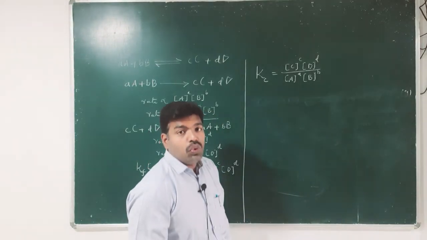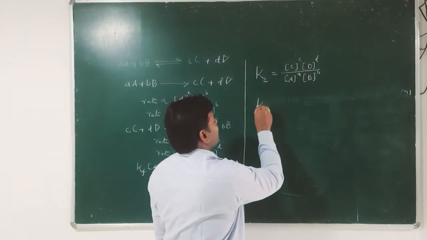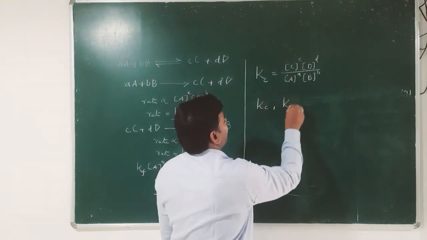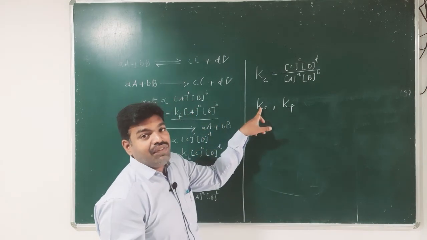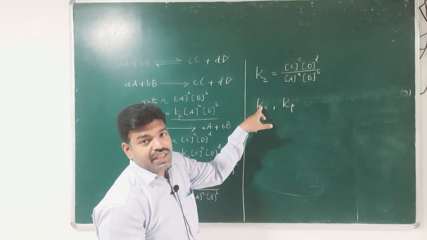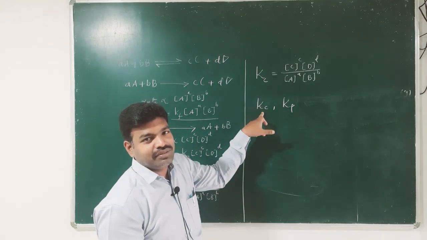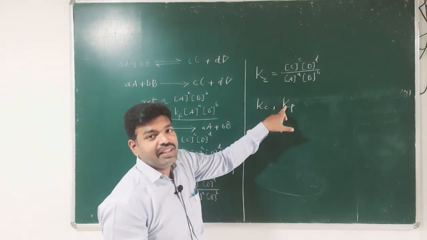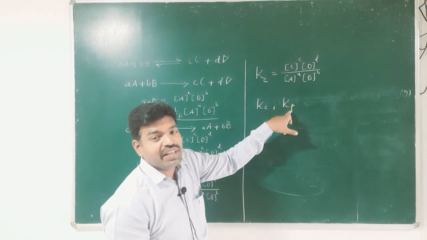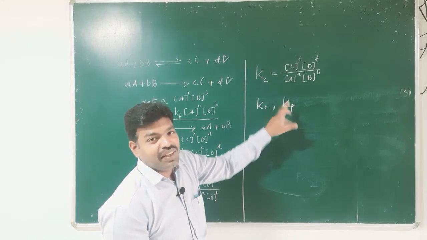There are two equilibrium constants, that is Kc and Kp. Okay, Kc is the equilibrium constant in which the concentrations of products and reactants are expressed in moles per liter, right, and Kp is the equilibrium constant where the products and reactant concentrations are expressed in partial pressures, right.